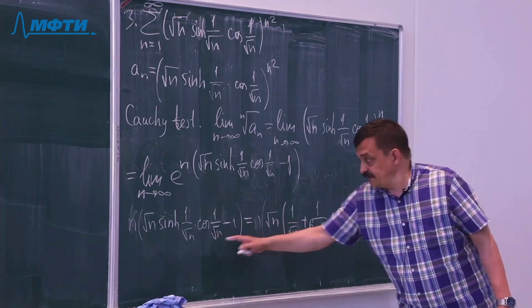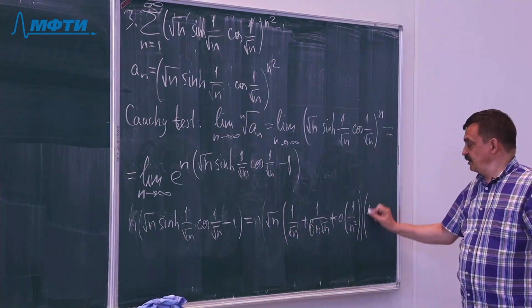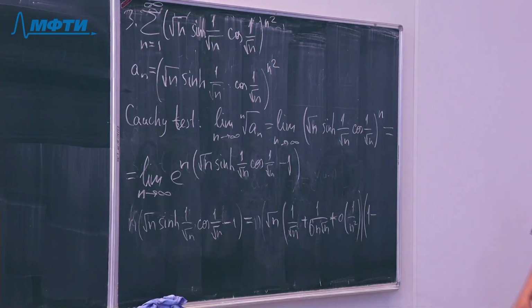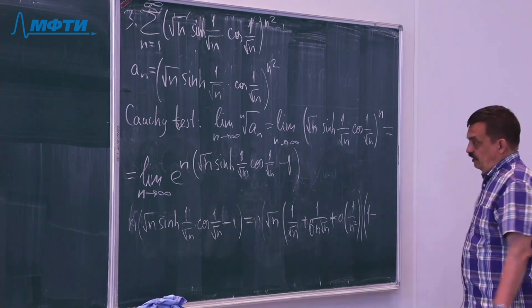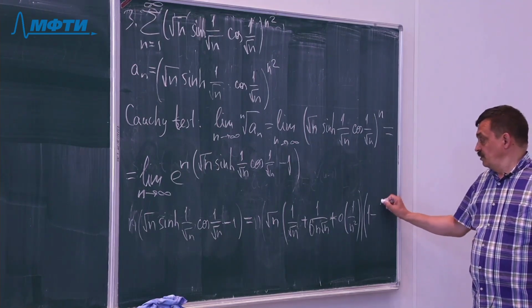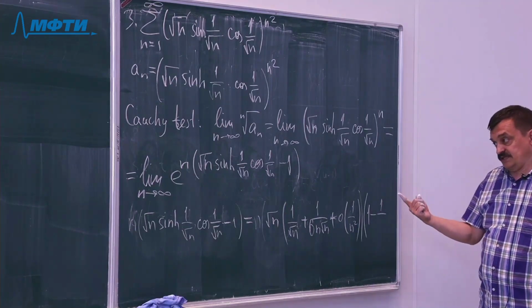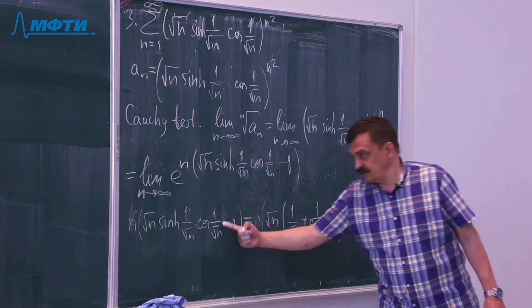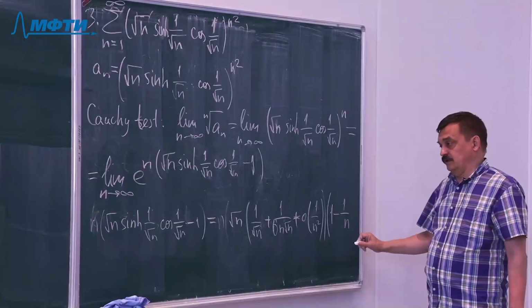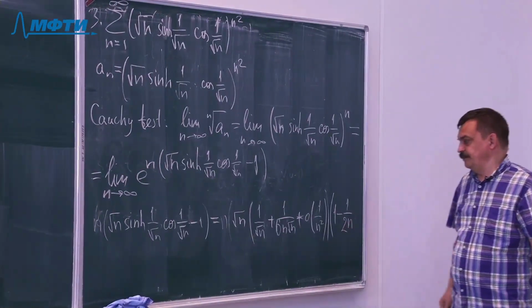Then for cosine we have 1 minus, here we have alternate signs. Everything else is the same. So then next even degree, second degree, so 1 over n, and the coefficient is 2, right?